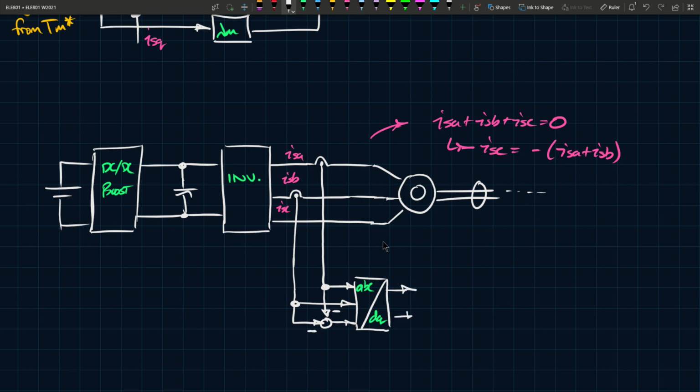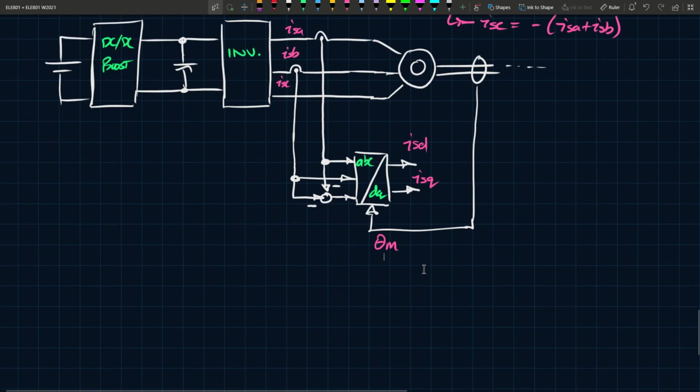The output of this is ISD and ISQ for your control algorithms. And this here is basically how we model the shaft encoder, I guess. That would give you theta M, which you can then convert to whatever you want, internally here or externally if you'd like.